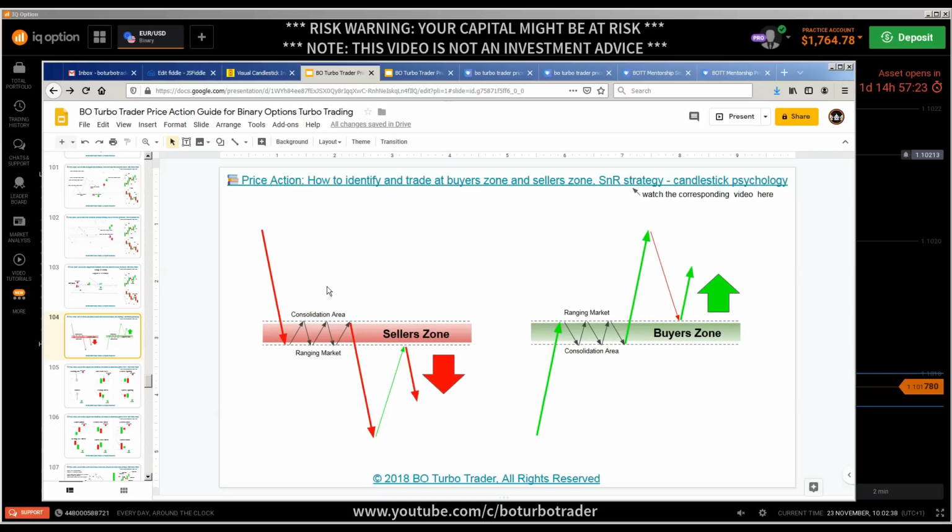So what is the main principle of this SnR strategy, this kind of how to identify and trade the buyer's zone and seller's zone? The same stuff which I have explained in the support and resistance. Yes, you have a major downtrend, and you know how to identify the major downtrend based on the EMAs, based on the Bollinger Bands, and also based on the naked chart if it's necessary.